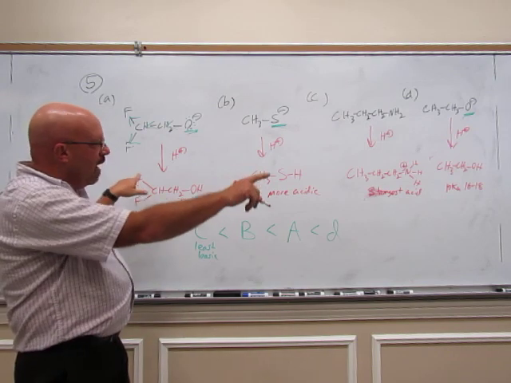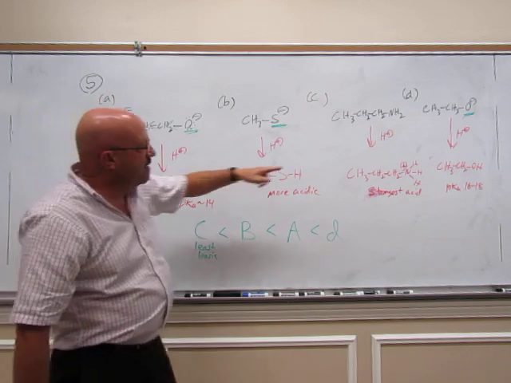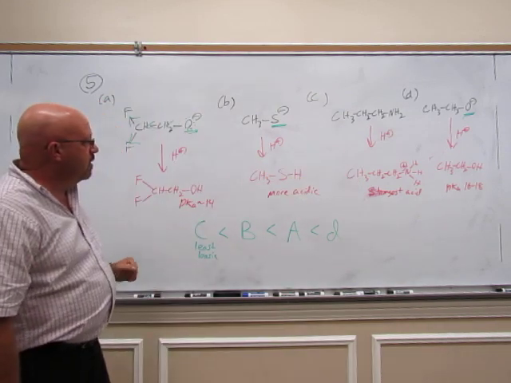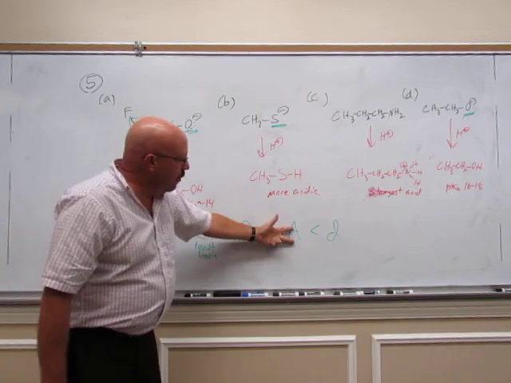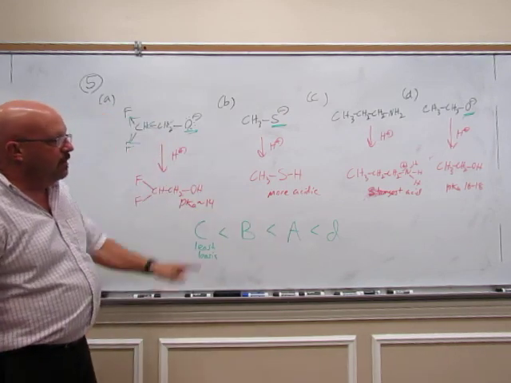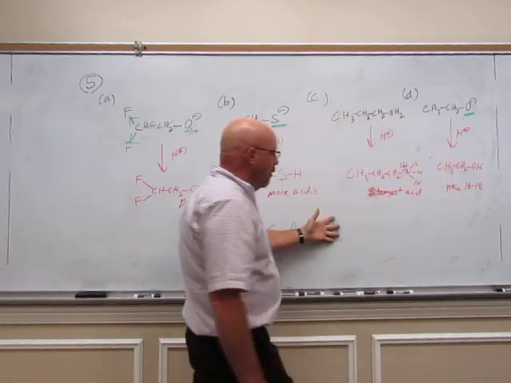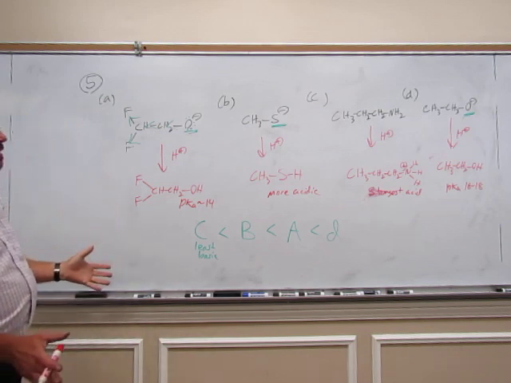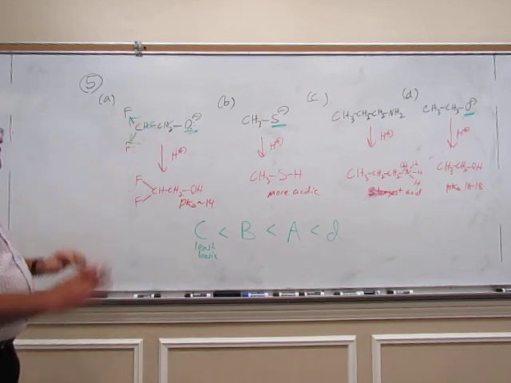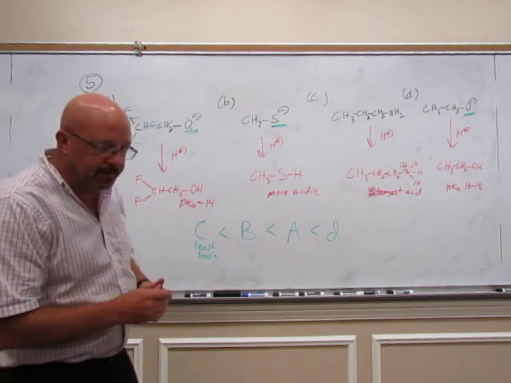And then the other two were alcohols. This one was a stronger acid than that alcohol, so that means just the opposite. This will be a weaker base than that one. This was the weakest acid of the group, but it will be the strongest base. So you can look at that conjugate acid, or you can figure that out just looking at the negative charges before. So I showed you 2 ways to work that.